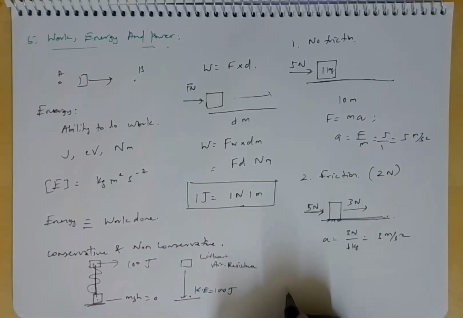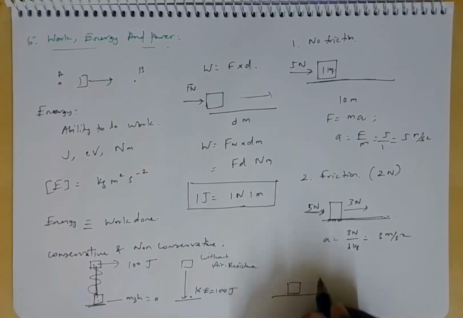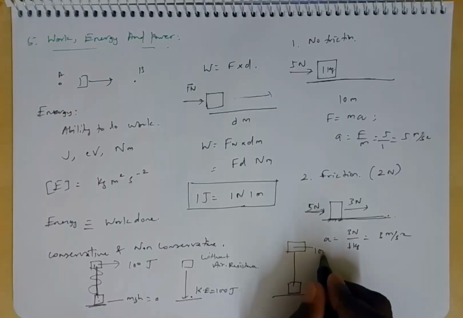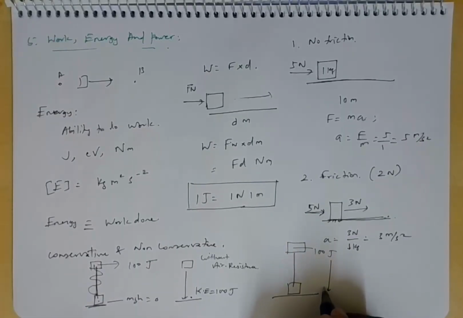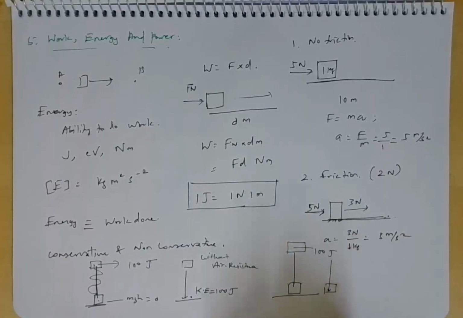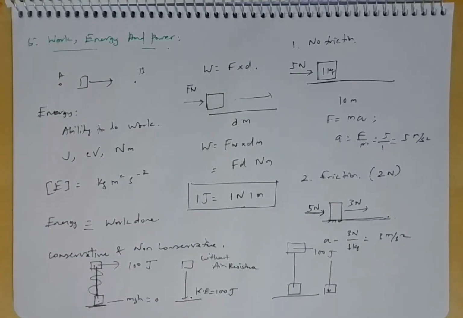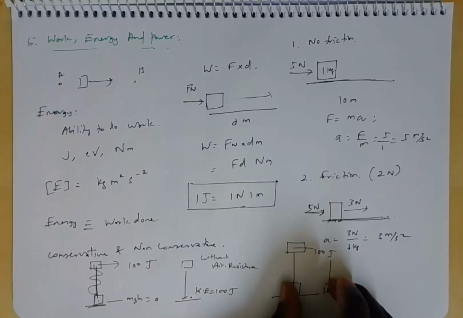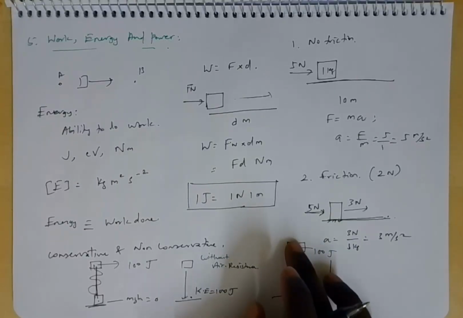But if you account for air resistance, then let's say that you move to 100 joule. When you drop it, when it reaches the ground, it will not exactly exhibit 100 joule of kinetic energy. Some amount of energy is consumed by air resistance. So in this case it's not conservative, because what's been given is not what you got.